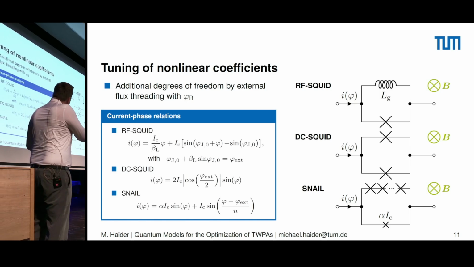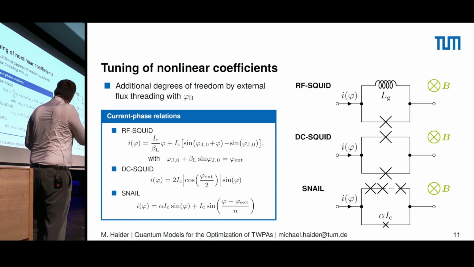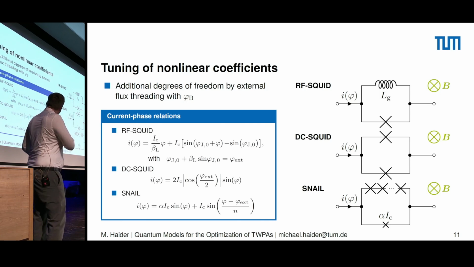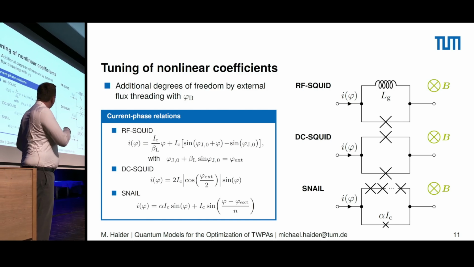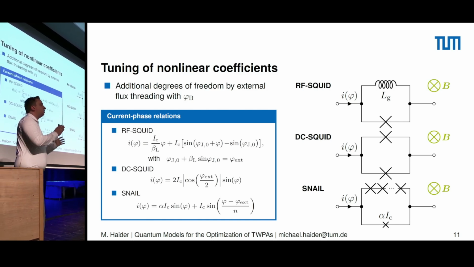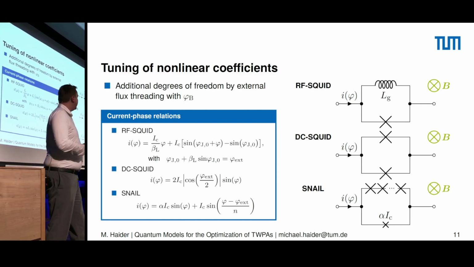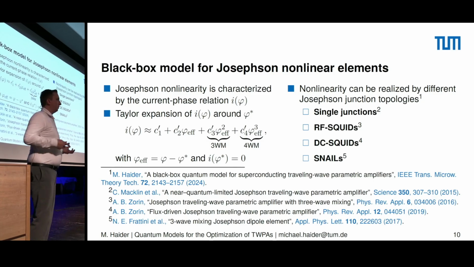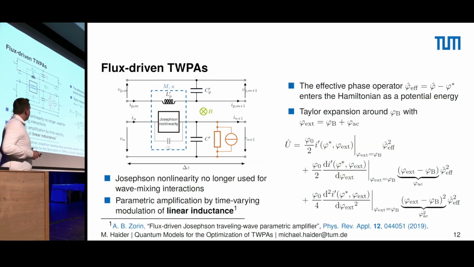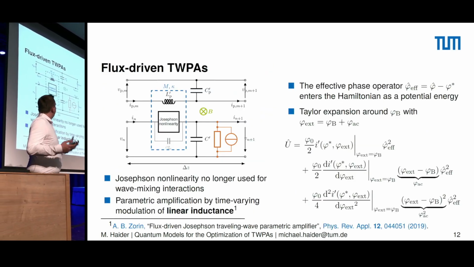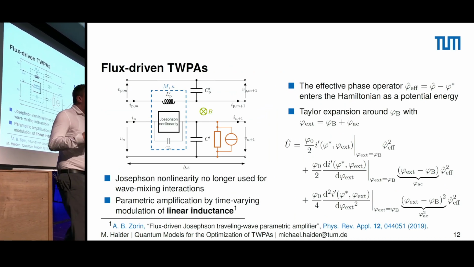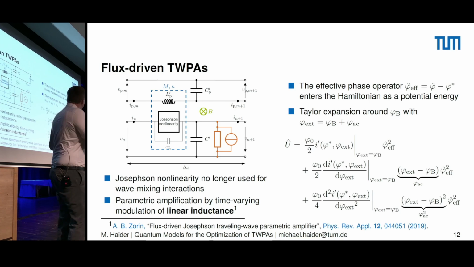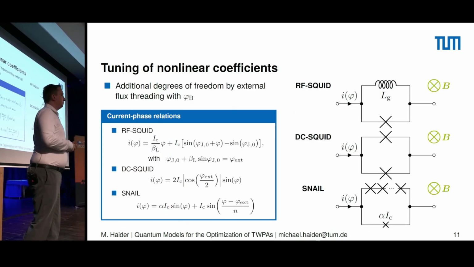Because by adding this external flux field, in all the current-phase relations that we get, we have some dependence on this external flux field, this phi b, and by that we can tune how the devices operate, and we can then tune, in turn, these parameters C2, C3, and C4. So that's the idea we have. An additional possibility is going one step further and making this bias field time-dependent.